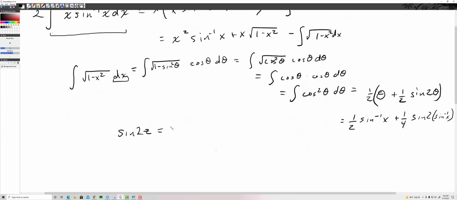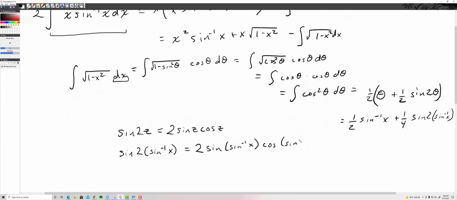When they're both the same, it looks like this. It's called the double angle formula for sine, and it's just that right there. It's pretty easy. So what we can say, and this is just scratch here, is that sine of 2 sine inverse of x is going to be 2 sine of sine inverse of x times cosine of sine inverse of x.